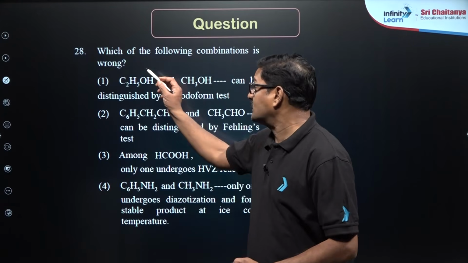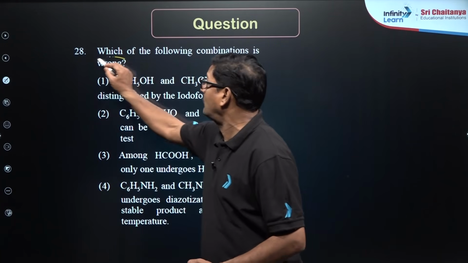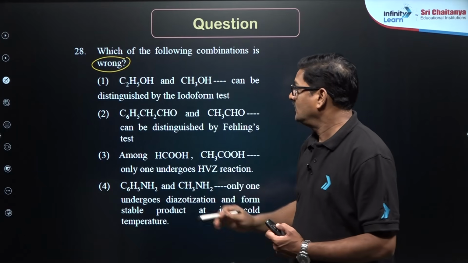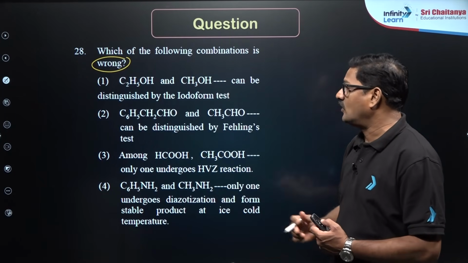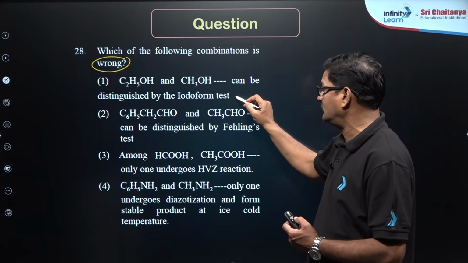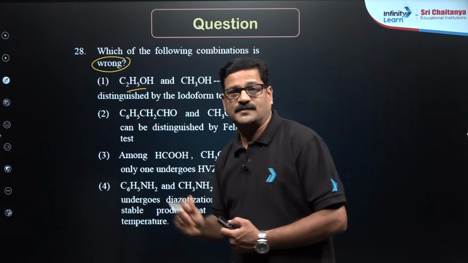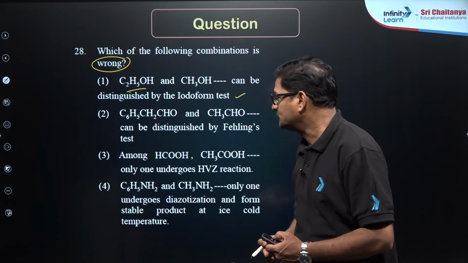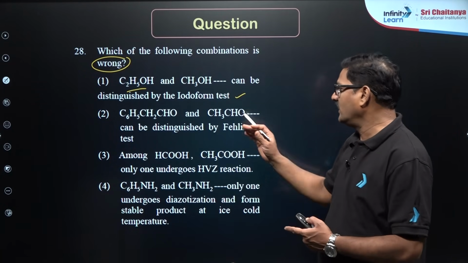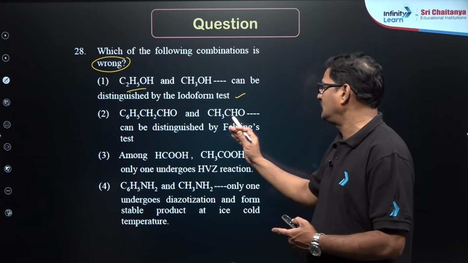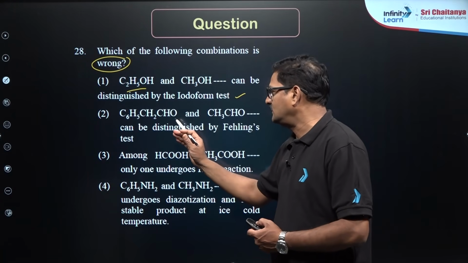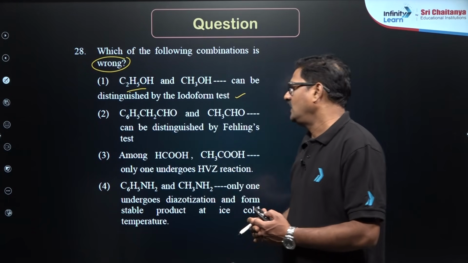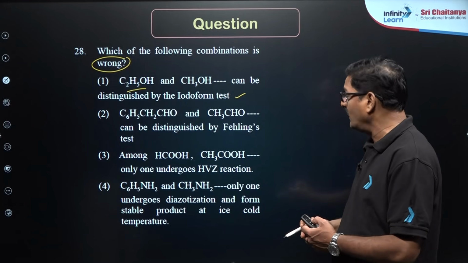Students, the question is asking which of the following combinations is wrong. Ethyl alcohol and methyl alcohol can be distinguished by iodoform test. Ethyl alcohol gives a positive iodoform test, so it is correct. This is acetaldehyde and this is 2-phenyl ethanal, can be distinguished by Fehling's solution.